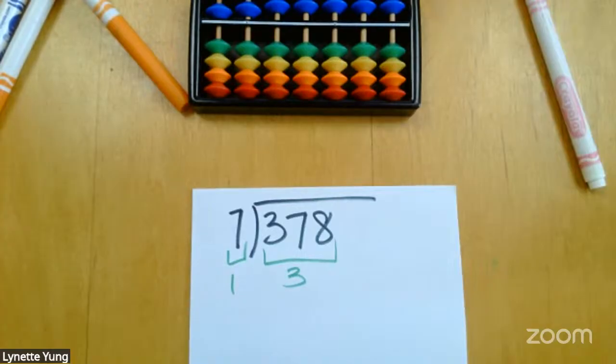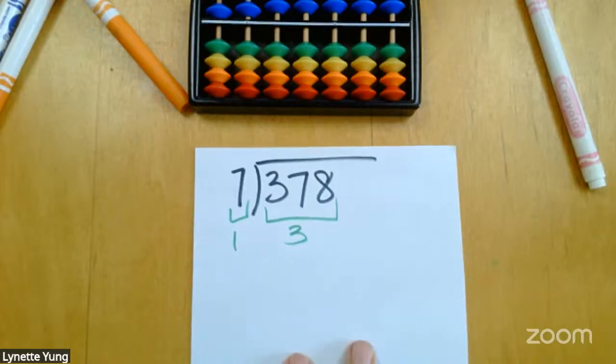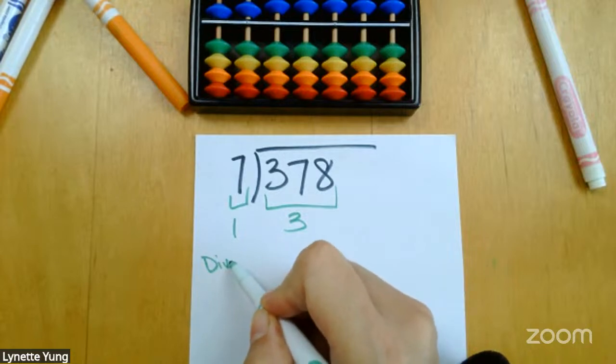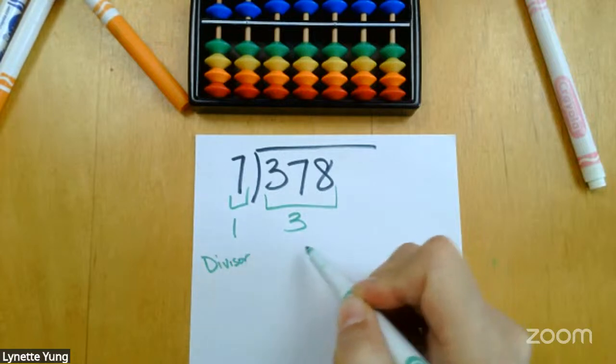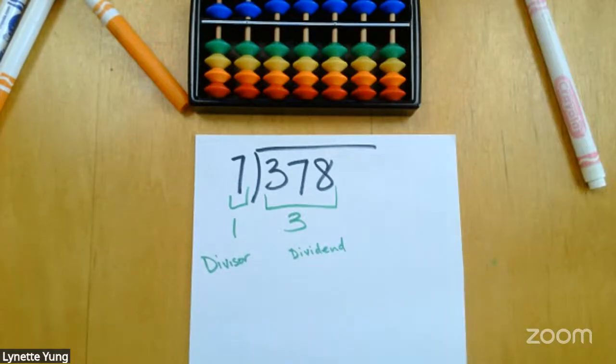Yep, these are 3 dividends, because this is the divisor, this is the dividend. I didn't know that each single digit was a dividend. This whole thing is a dividend. Right, 3, 7, 8 is the dividend.